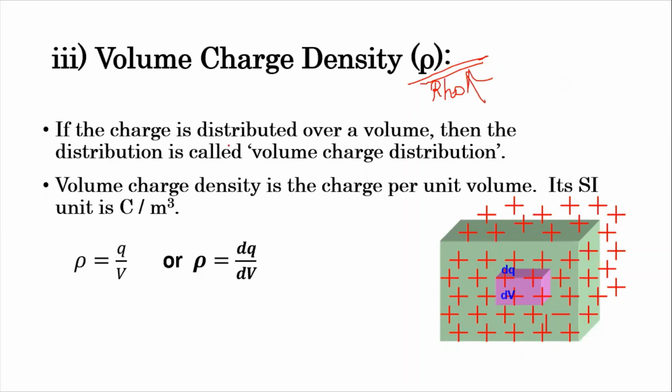You can see the figure. We are taking a small volume and calculating the charge per volume there. That is rho is equal to dq by dv. To find the charge distribution for the entire volume, you can integrate it, and you will get q by v. Again, charge is measured in coulomb, volume in meter cube. So the SI unit is coulomb per meter cube.